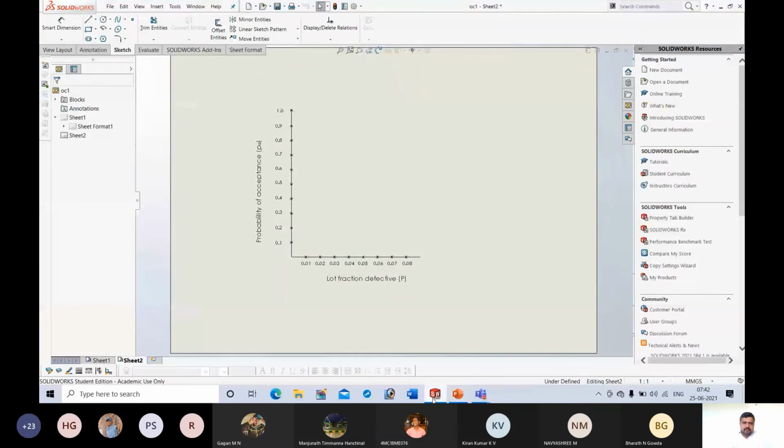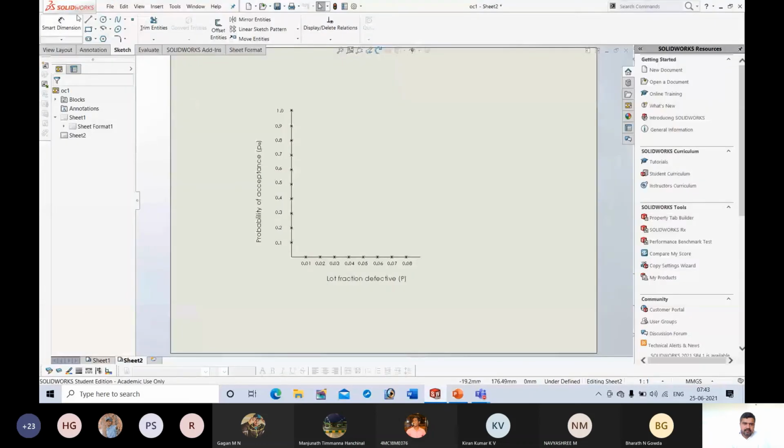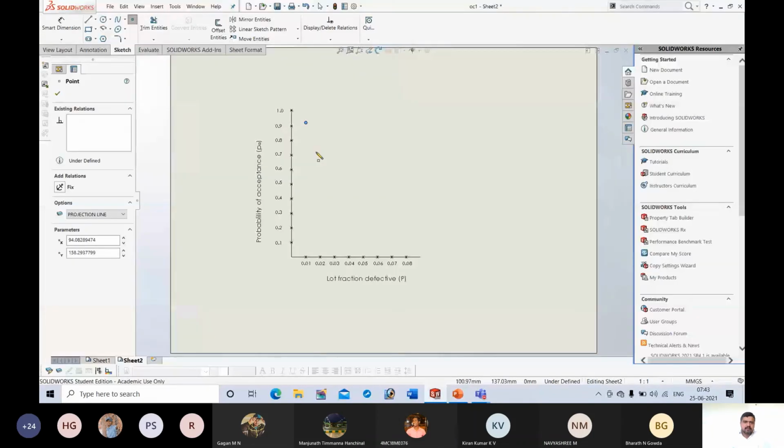For 0.01, the probability of acceptance is 0.91, so I will get the point. Next, for 0.02, 0.734.